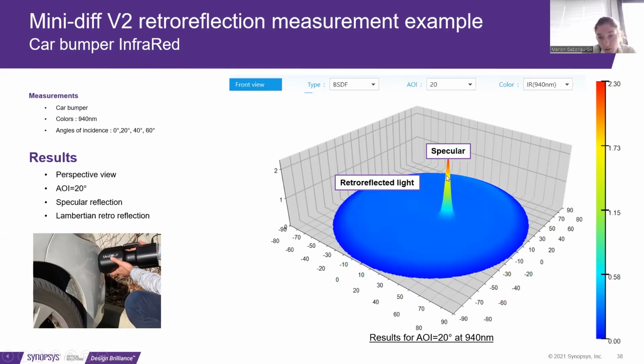At 20 degrees, here we have a specular peak, and around this peak, we have a Lambertian background. And at minus 20, where we have retroreflected light, we can detect this Lambertian behavior. So we are clearly able to measure retroreflected light.